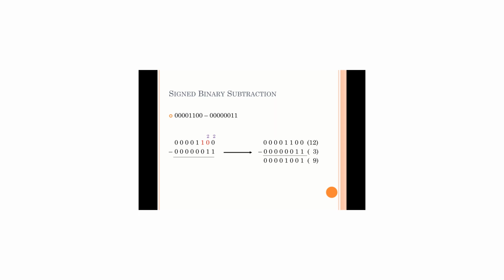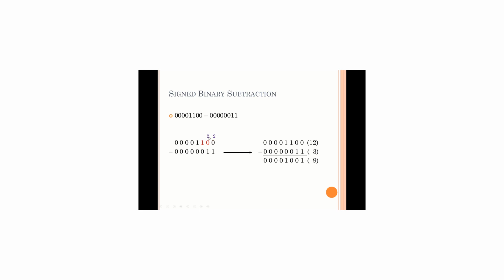Now look at another example. Let's say we want to subtract 2 signed numbers, 2 positive numbers, right? We subtract 3 from 1100, which is 12, okay? So from here, you borrow 2, and then the 0 has nothing to borrow. You further borrow up here, right? And then 2 minus 1, you get 1.